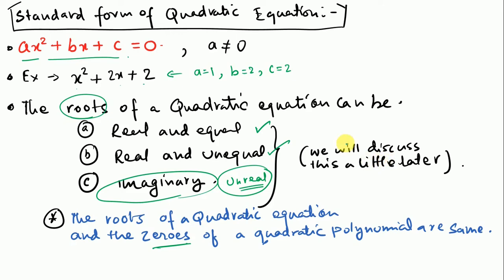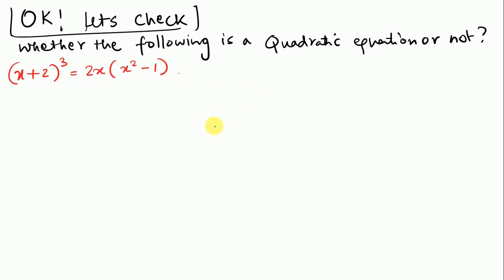So first let's check whether the given equation is a quadratic equation or not. We know the format of a quadratic equation is ax square plus bx plus c. So we will try to bring this equation into this format. If it does not come in this format, then it is not a quadratic equation.